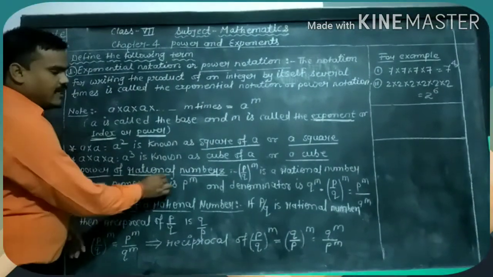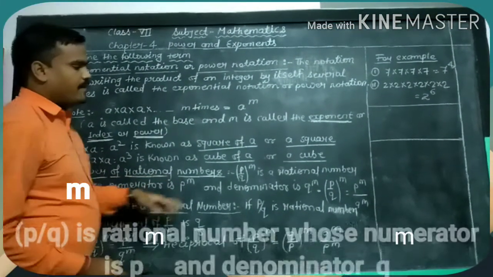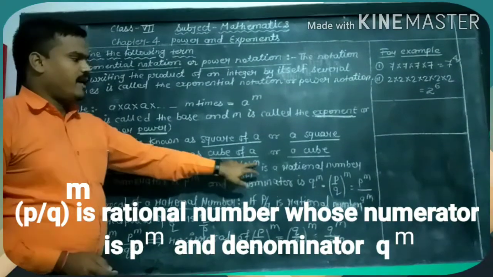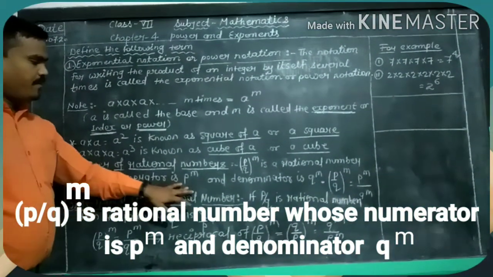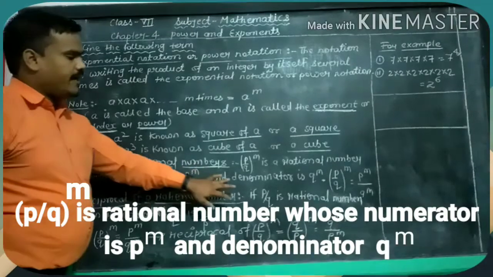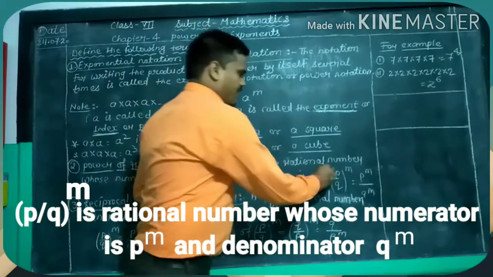Power of a rational number. Next term, power of a rational number. (p upon q) to the power m is a rational number whose numerator is p to the power m and denominator is q to the power m.